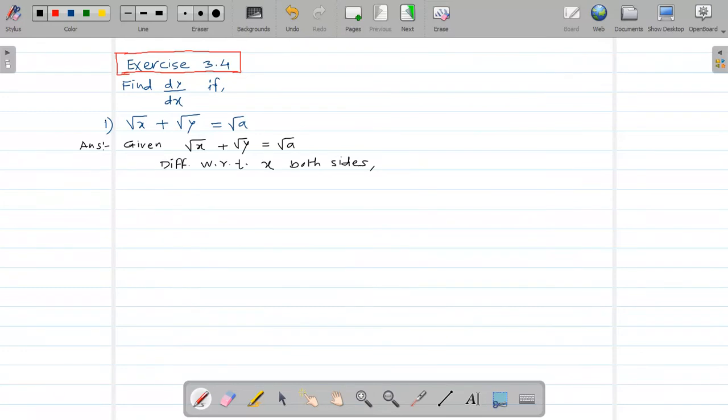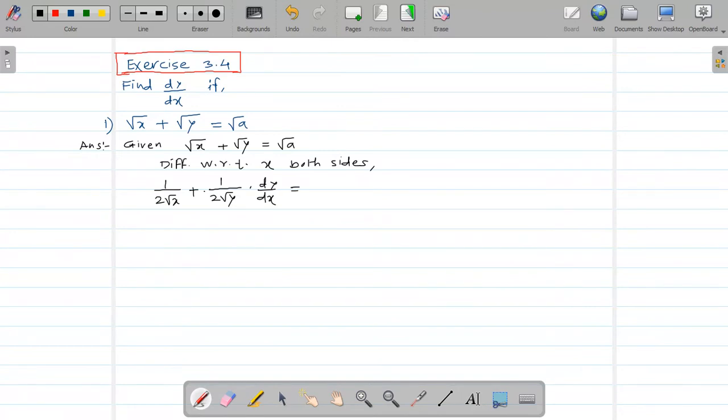Now the derivative of root x, as all of you know, is 1 upon 2 root x, plus now we have to take the derivative of root y. As the derivative of root x is 1 upon 2 root x, the derivative of root y is 1 upon 2 root y but into dy by dx. Remember this carefully: the derivative of root y is 1 upon 2 root y into dy by dx by the chain rule.